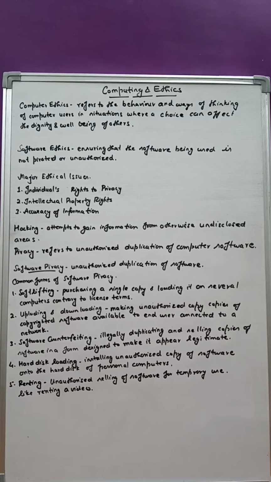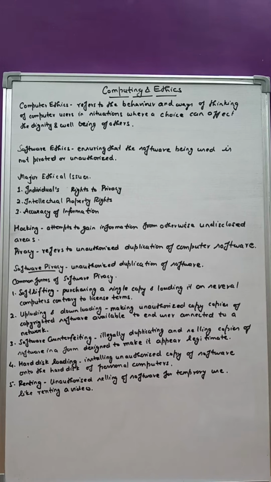Suppose you have created software, and you have said that your software will do the following 10 functions, right? And if someone is trying to implement those functions and is not able to because your software is not allowing it, then the accuracy of information is a tough ask for that person.